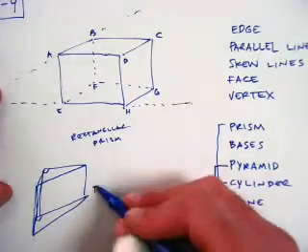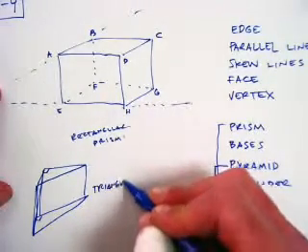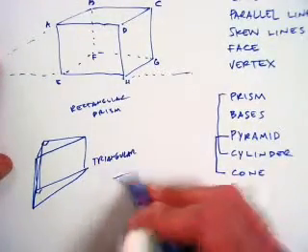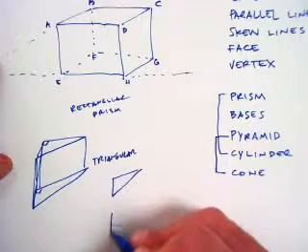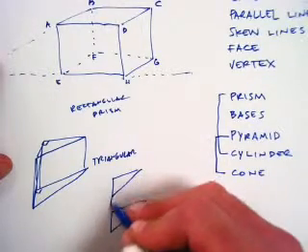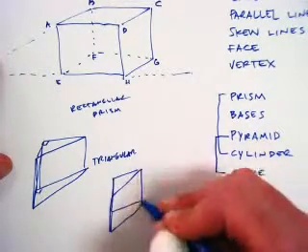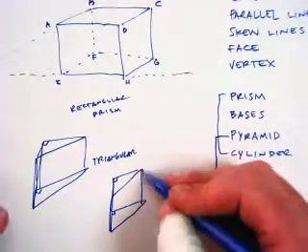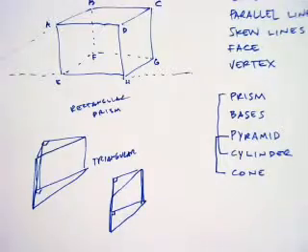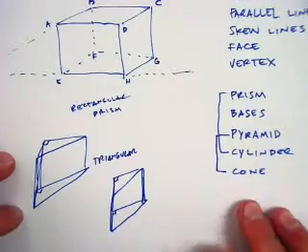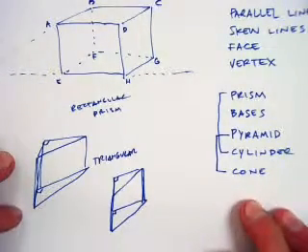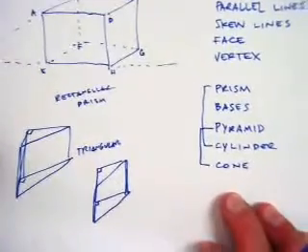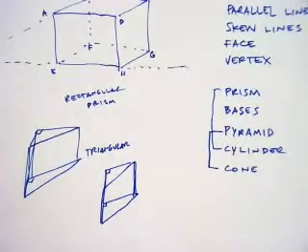Let me do a better job of drawing it here. It'd be like this, then like this, and then this connects here, and this connects here, and this connects here. Still kind of a poor drawing, but this is a triangular prism. A ramp would be a good real life triangular prism.